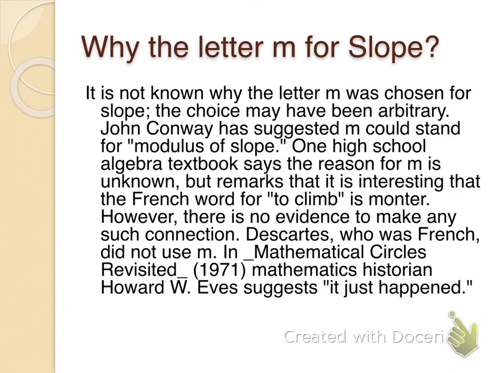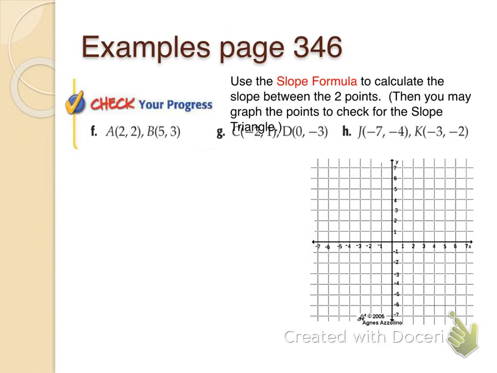However, there is no evidence to make any such connection. Descartes, who was French, did not use M. In Mathematical Circles Revisited, mathematician's historian Howard W. Eves suggests it just happened. So we really don't know why they chose M, but they did, so we're going to use M to represent slope.